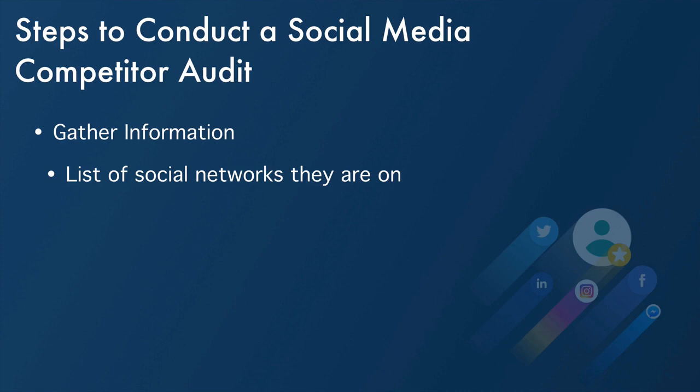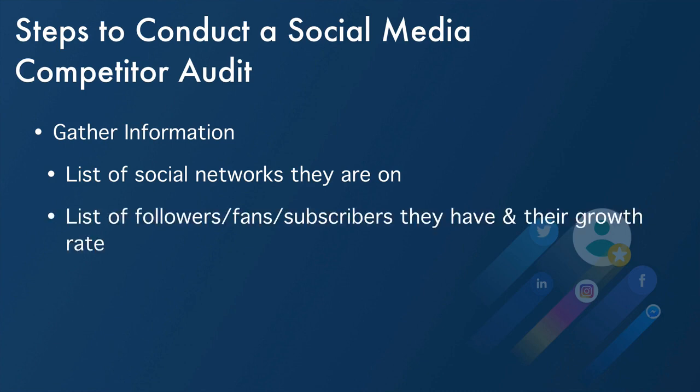Some of your competitors might be on certain social media networks, but they might not be active there. They might have just created a profile. You can take this into account, but I personally wouldn't. So just make a list of all the social networking or social media websites they are active on, and from there, make a list of all the followers, fans, subscribers, whatever it is that they have.